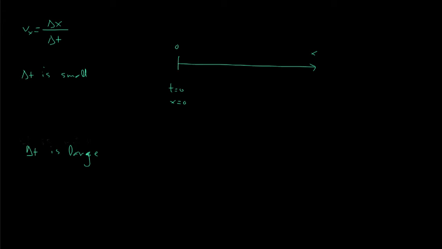And then the object moves with varying speed from 0 to the positive x direction, to the right. Let's say that at this point, which I will say is x equals 1, the object is here when the time is 1 second. I'm choosing simple numbers to illustrate the meaning behind instantaneous and average velocity.